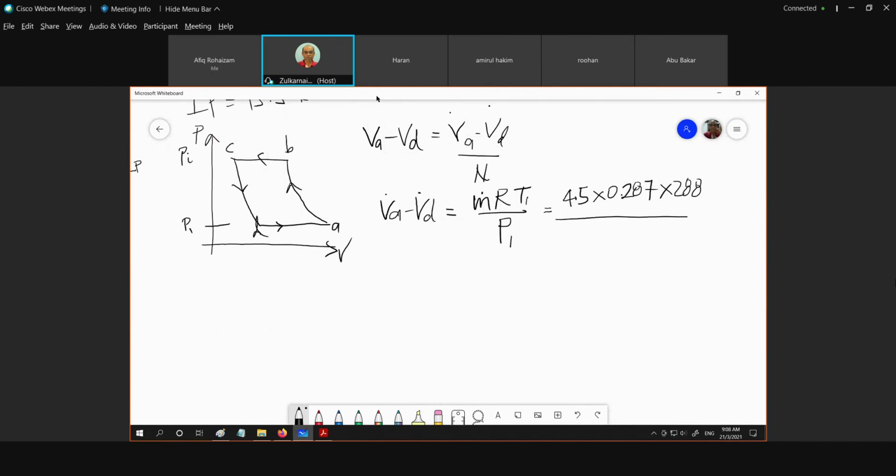Before that, ini adalah kita punya 60 kita convertkan meter, kilogram per minit kepada kilogram per second. This is 1.013, convertkan kepada Pa, kPa, ini kuasa 2. Okay. So, kita akan dapat VA tolak VD lah. So, berapa dapat?